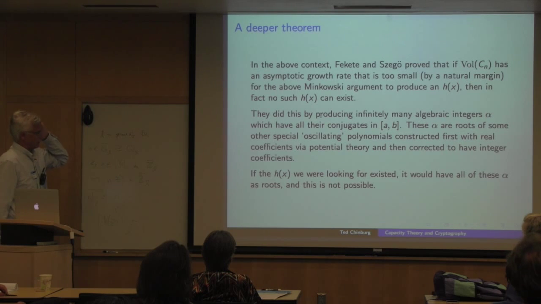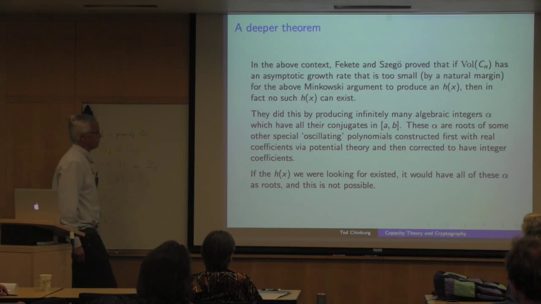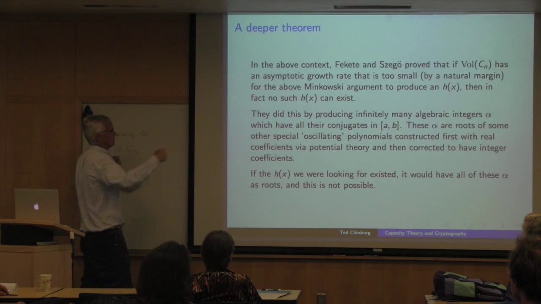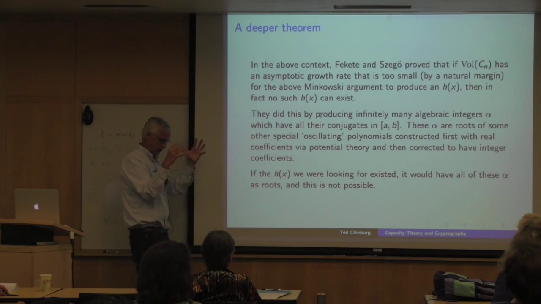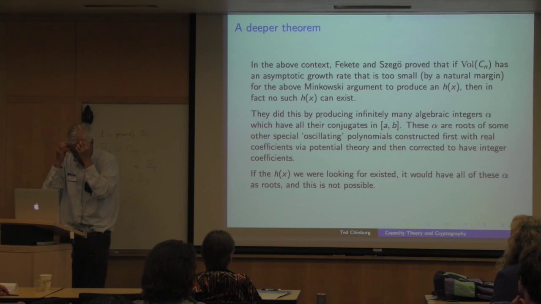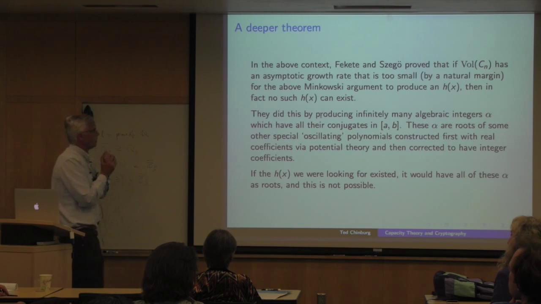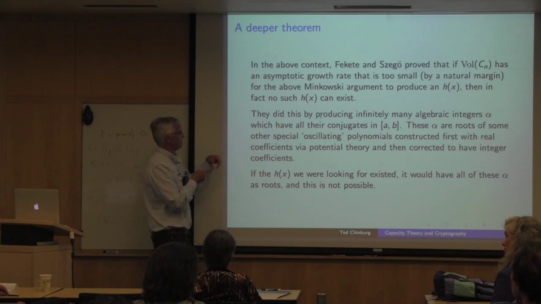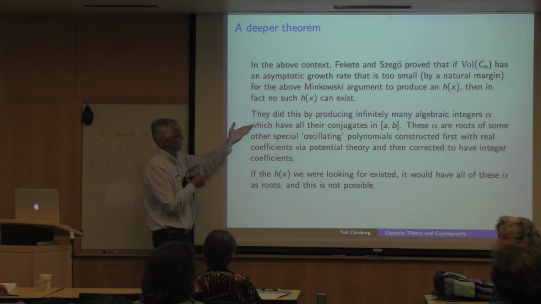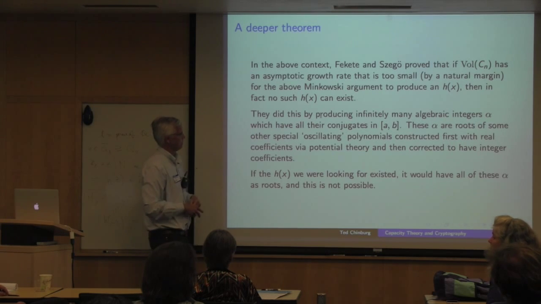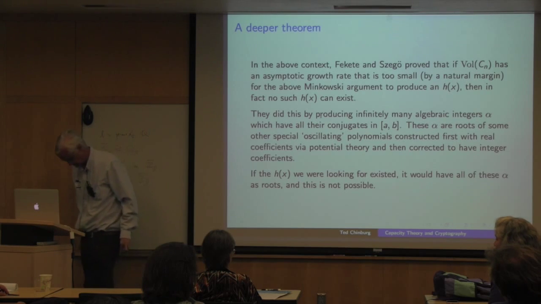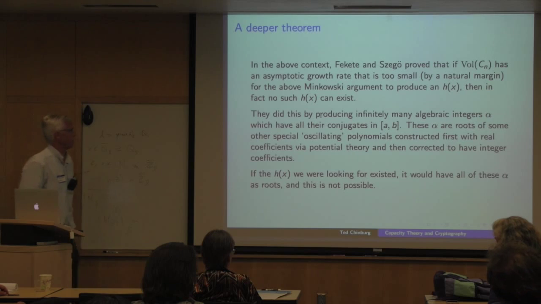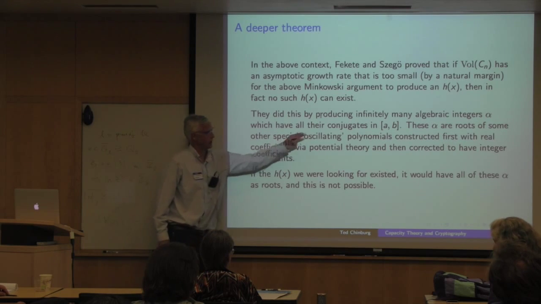So the question is, how do they do it, if you have this situation where, in effect, the capacity is large and the volumes are growing very slowly? It's hard to make functions that have sup norm less than 1. What they do is they actually produce polynomials that have all their roots in this interval. They do it first by constructing polynomials with real coefficients that are monic, that have all their zeros in [a, b].